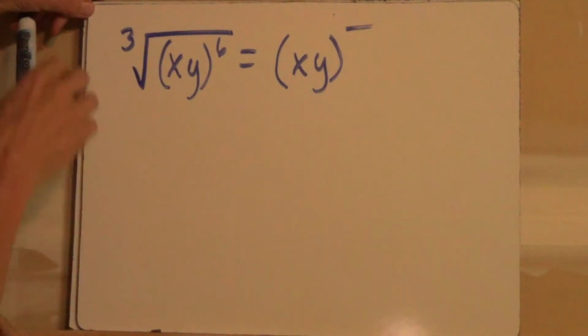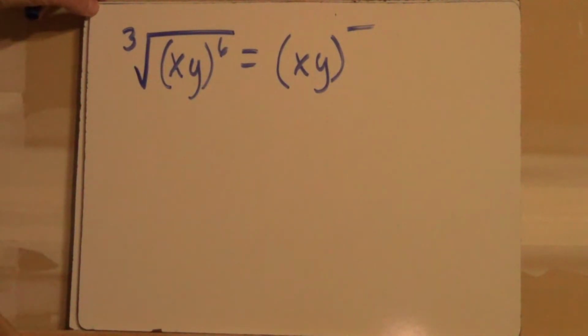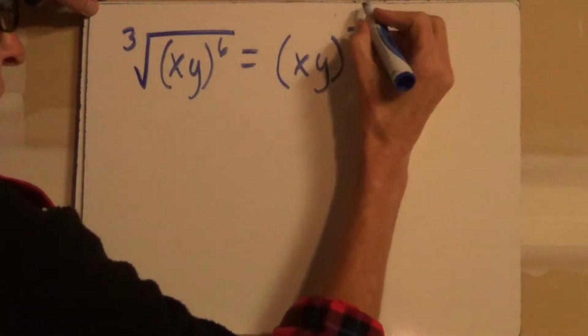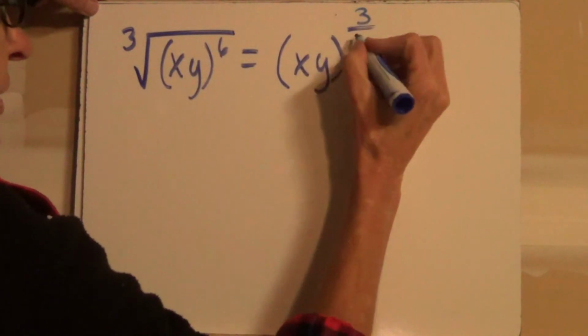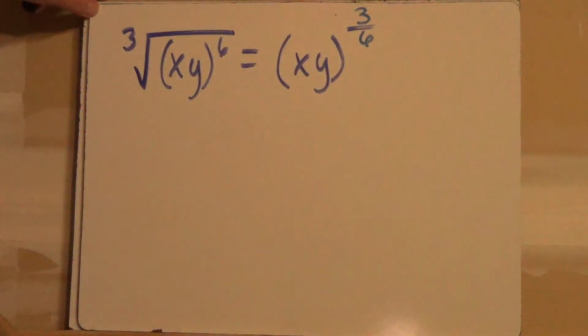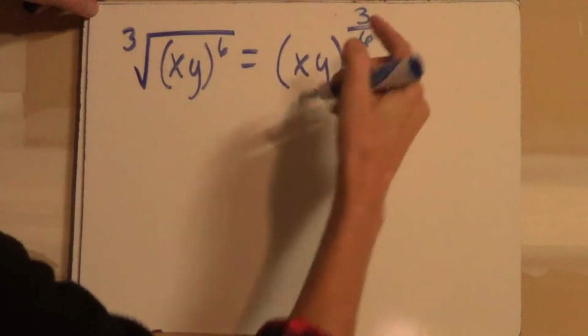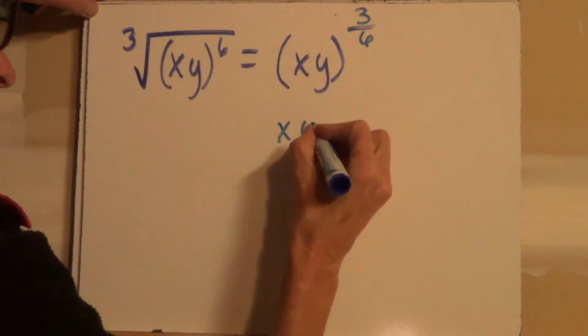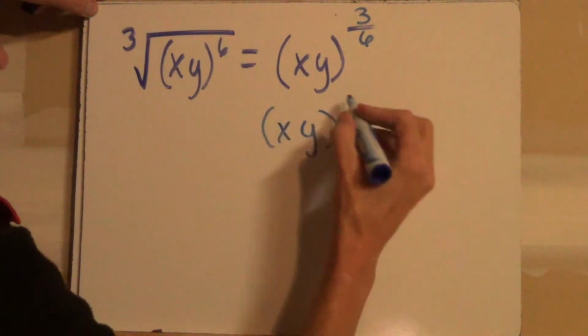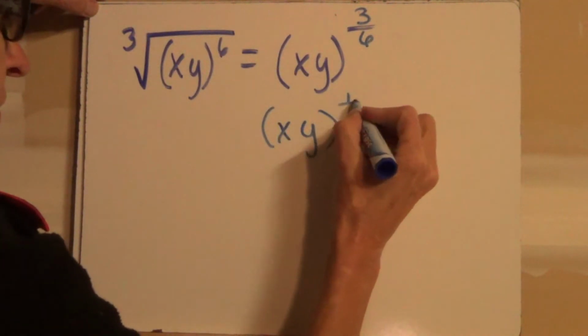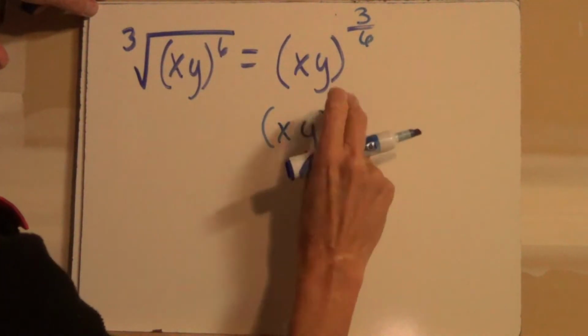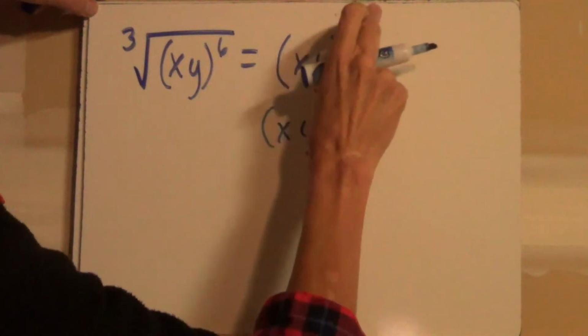Okay, so here we go. We're going to simplify this. First we go to the rational form. Then I would reduce this fraction so it becomes x, y, I'm sorry, I just made an error.